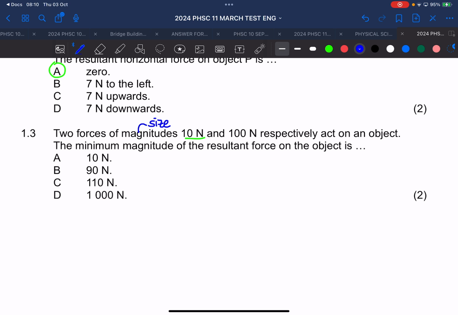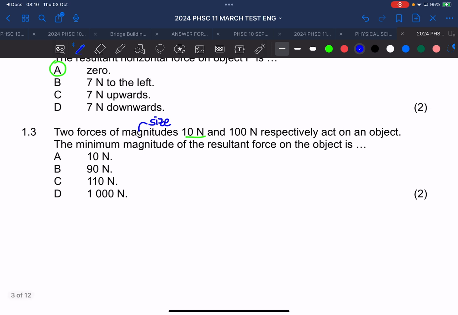The minimum magnitude of the resultant force is what? Okay. Now here you have 3 scenarios that you can have. Scenario 1 is where the 2 forces are in the same direction. So when the 2 are in the same direction, so 10 and 100, what can their resultant be, Rory? 110.